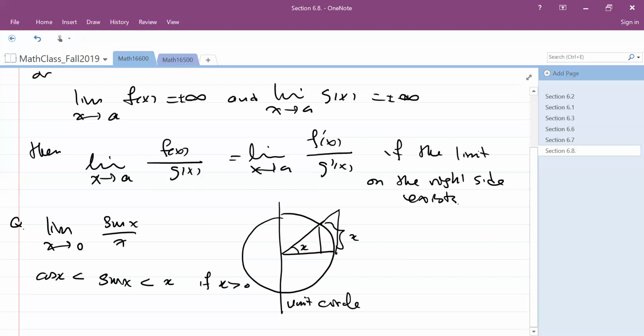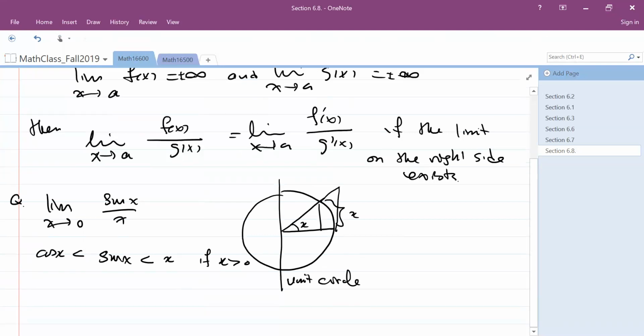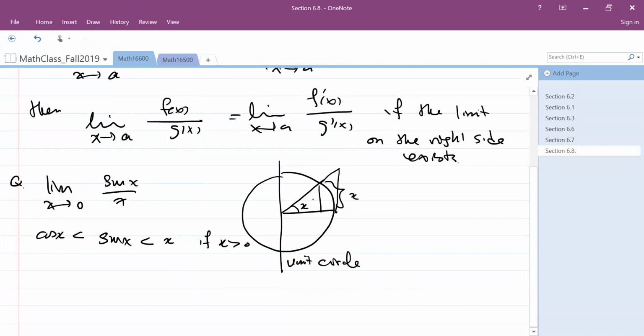Then you take the limit, and you find out, oh, this is not right. Sorry, it's tangent x, so let me repeat again. This is sine x and this is tangent x.